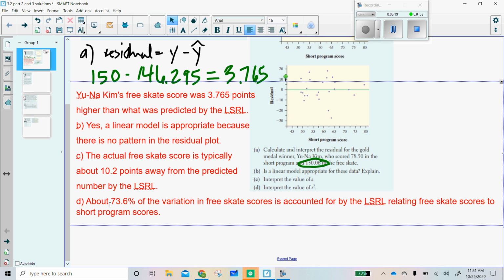So that's the really typical interpretation, the script that you can use for R squared.